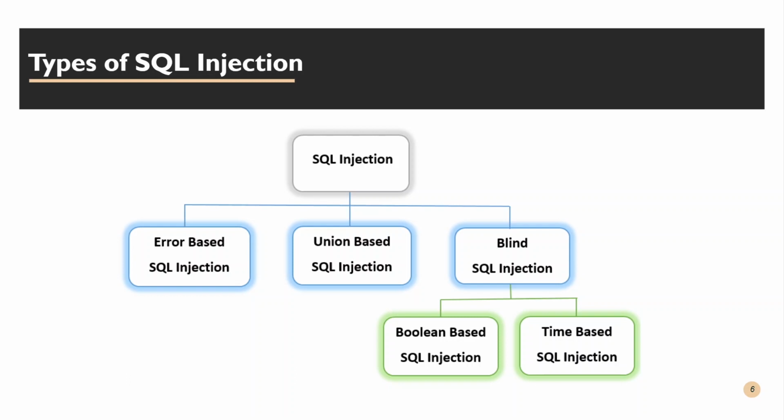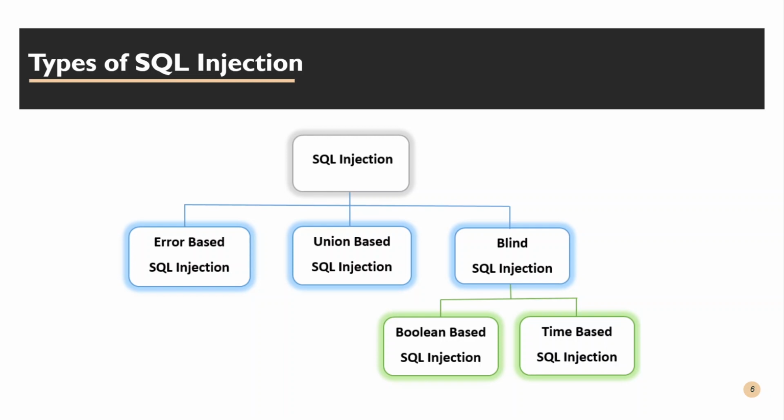Now let's take a look at the different examples of these categories of SQL injection. We're starting with the error-based SQL injection. Error-based SQL injection involves injecting code that intentionally generates errors, revealing information about the database structure. Attackers are able to accomplish this by using different methods, such as inputting different special characters, trying to break the application to generate an error message.